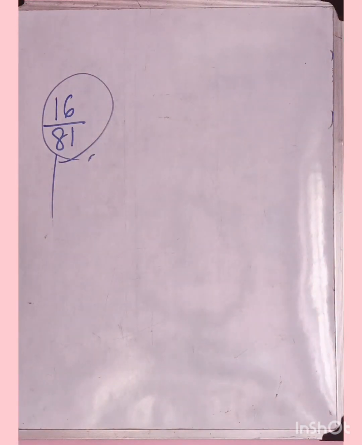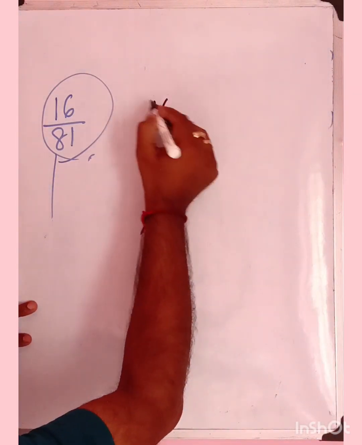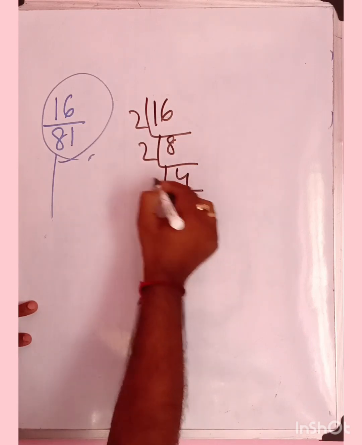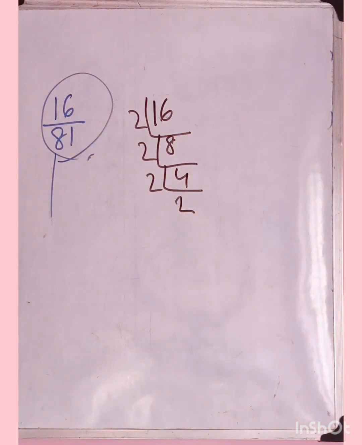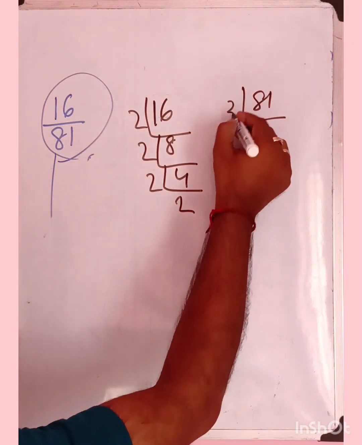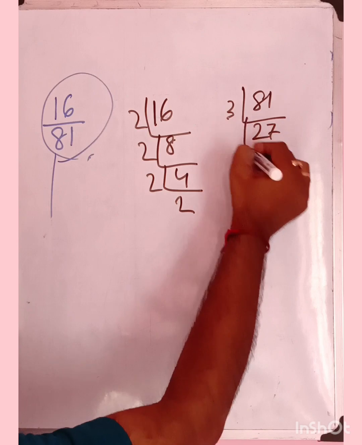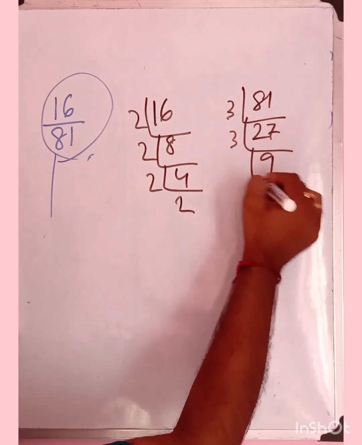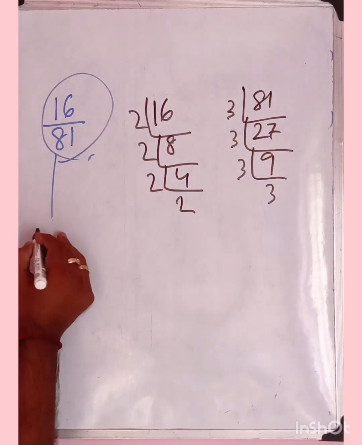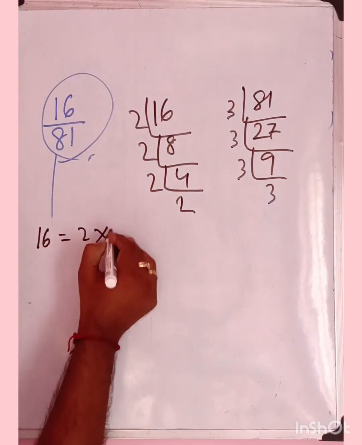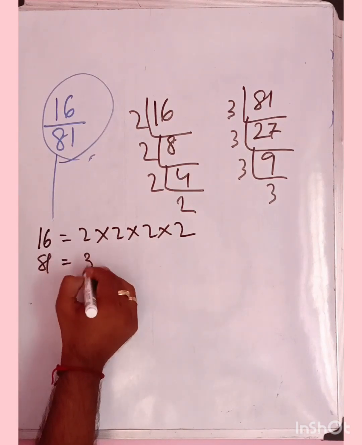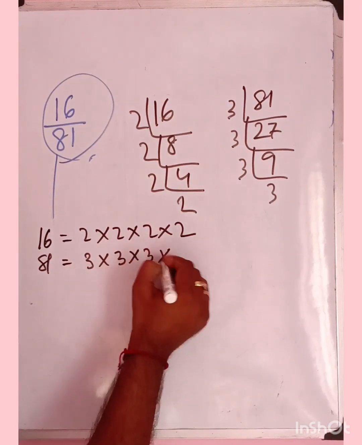What will you get? 16, 8, 4, 2, 81, 3, 3, 3. Okay? So 16 can be written as 2 into 2 into 2 into 2, 81 as 3 into 3 into 3 into 3.